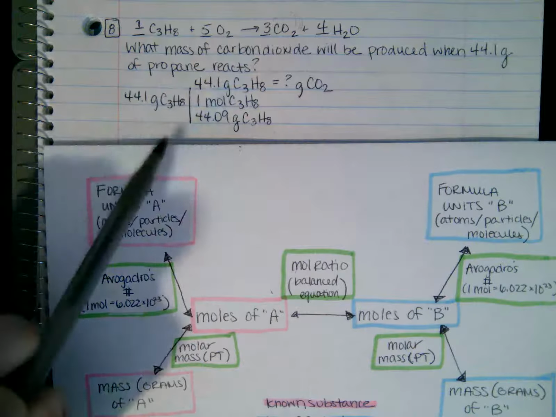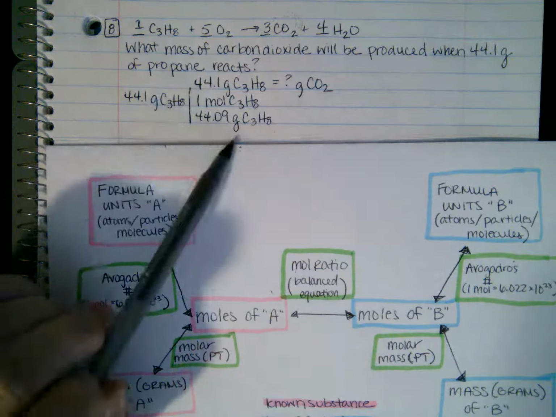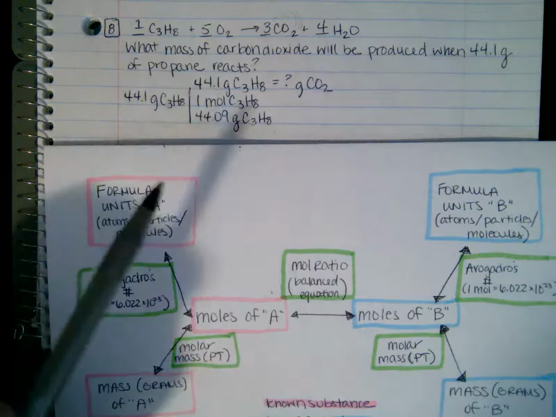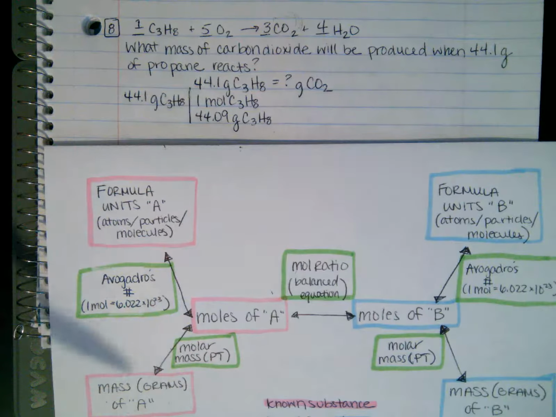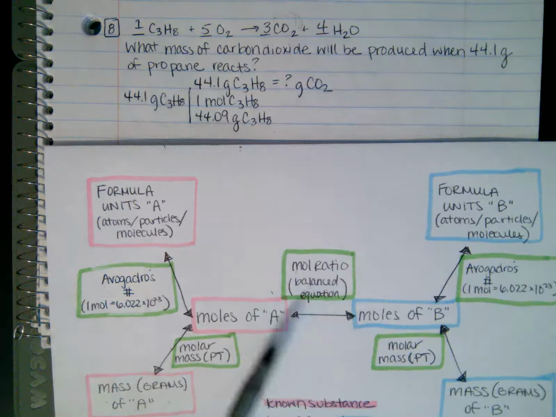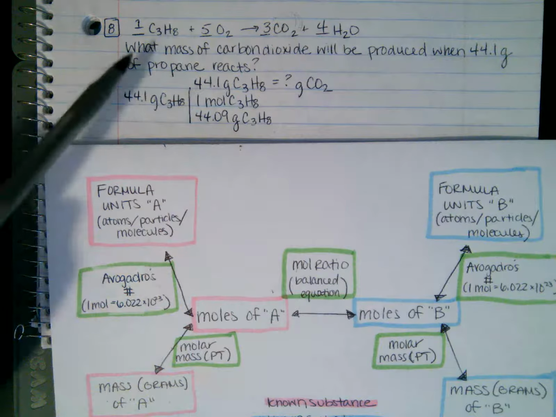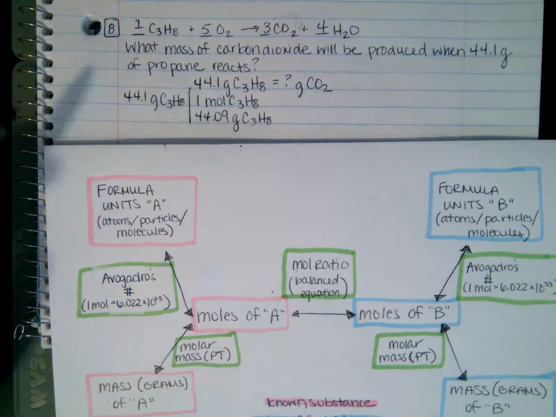Just like the previous problem that we did in the last video, you'll notice I'm not just writing grams and moles, I'm writing grams of propane, moles of propane, grams of propane. We want to be very specific when it comes to which compound we're dealing with, because we're going to be converting between 2 different compounds. We can relate their moles from our balanced equation. So make sure you're labeling everything beautifully.